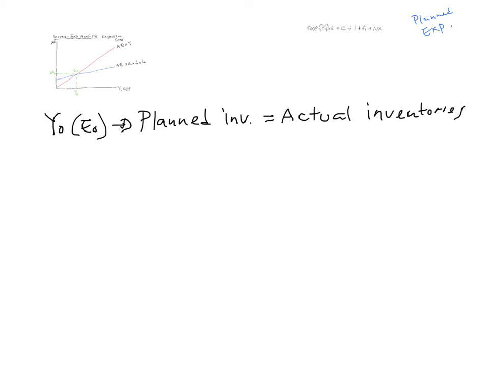Okay, so for example, let's say you are producing 1,000 units of pens, 1,000 pens. You plan to sell 800, and you plan to keep 200 as inventory.